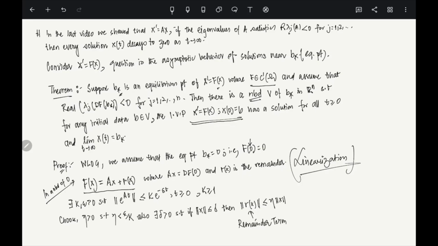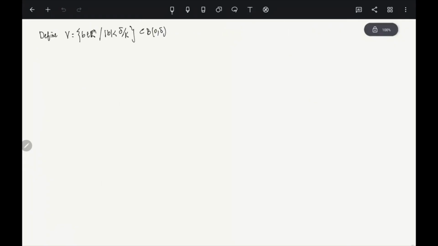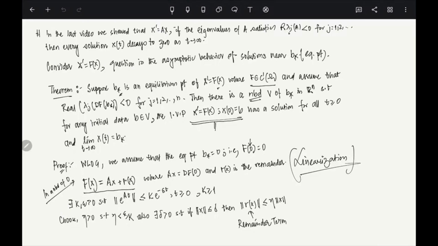So if this problem is not solvable for all t, so basically the trajectory does not exist for all positive t, then the solution of this problem must leave the ball B(0, delta) bar. You understand? So if a solution exists for all t in [0, infinity), we have to prove that it does exist for all time t.